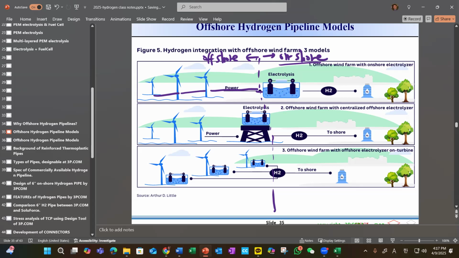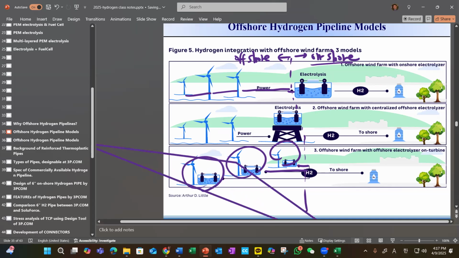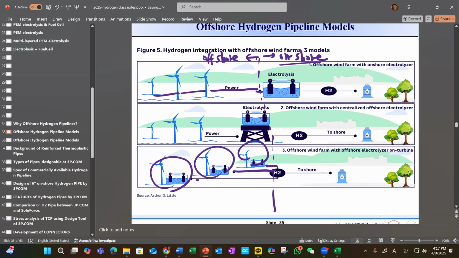Again, this one has its own electrolyzer, so we need a pipeline from each individual wind turbine, and this is the one. This pipe system we call the onshore pipeline.